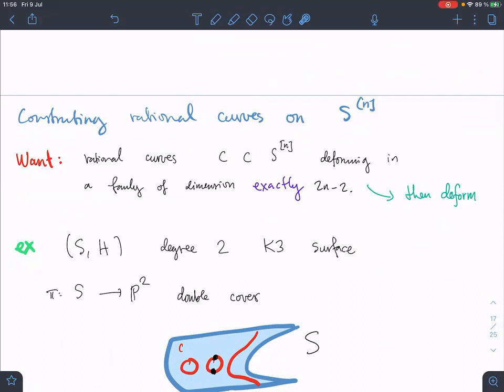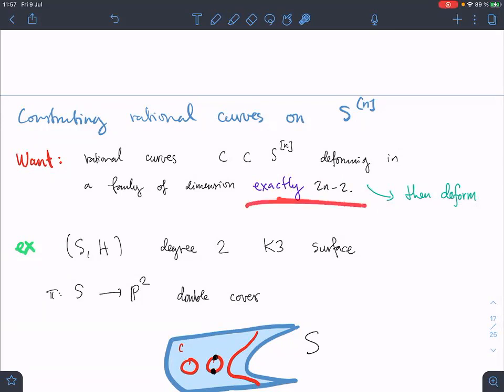The goal is to produce rational curves on a Hilbert scheme that deform in a family of exactly dimension 2n-2. And if we have that, then we know that they deform in their Hodge loci by the above. That simplifies things a little, because now we can work with an actual Hilbert scheme and not just something that's deformation equivalent to a Hilbert scheme.